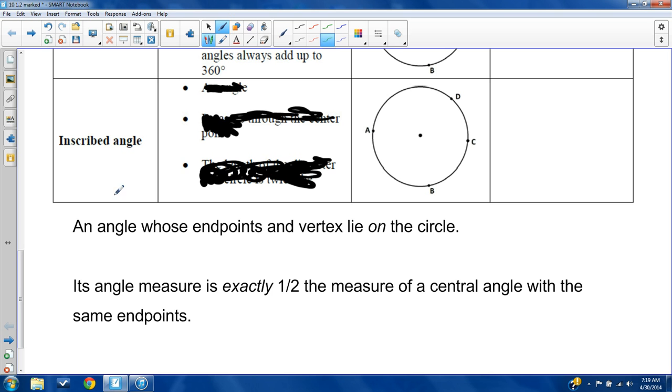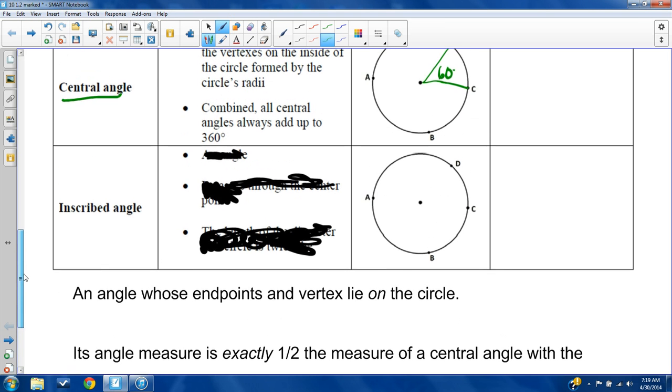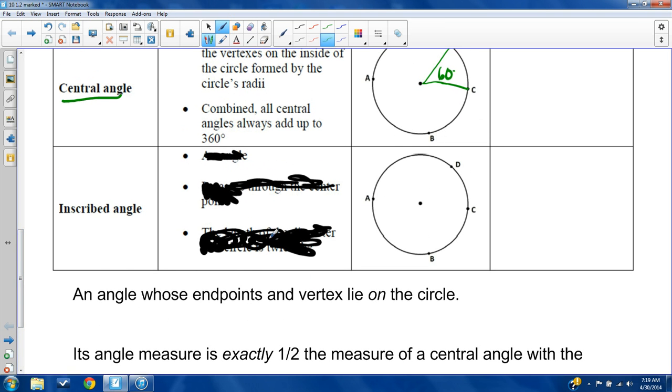So an inscribed angle, like I said, an angle whose endpoints and vertex lie on the circle. So before I do an inscribed angle, let me get a central angle for you. Okay. Imagine you have a central angle, such as, because we worked with it before, let's do CD again. Okay. A central angle has its vertex lie in the center of the circle. Its endpoints lie on the circle.